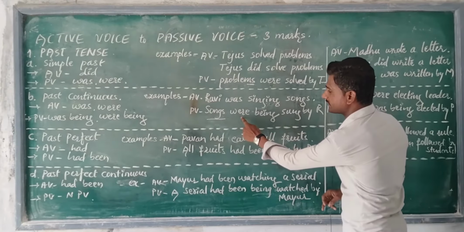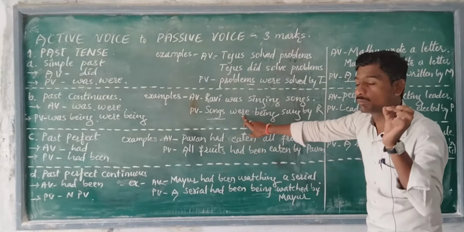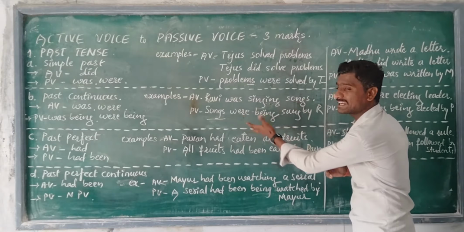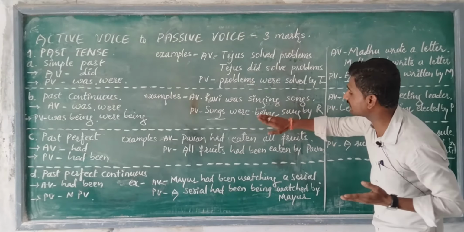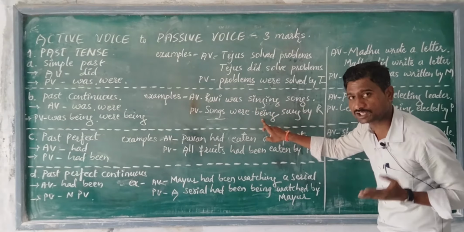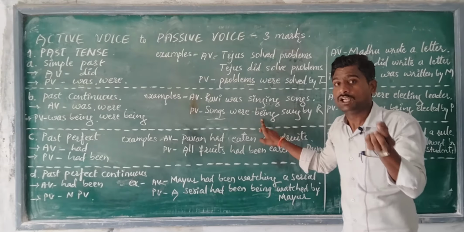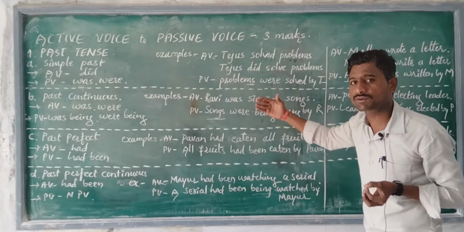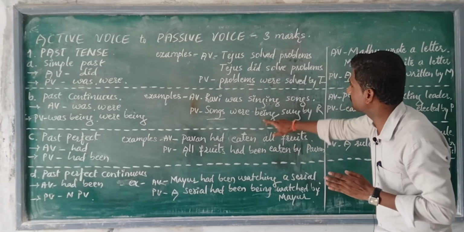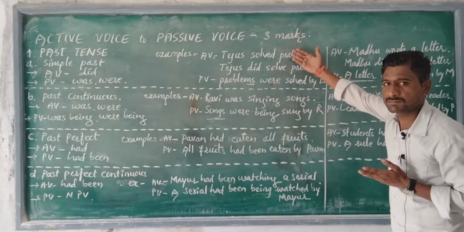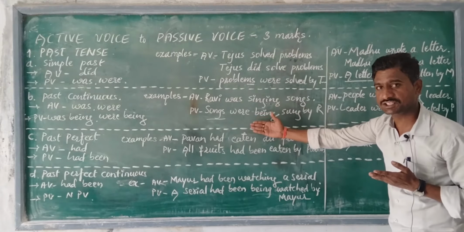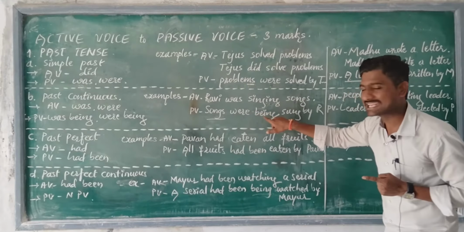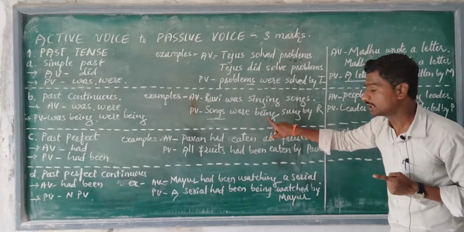Yes, my dear students, after the helping verb, if we write the verb 3 form of sing, that is sung, and if we write only the verb 3 form sung after the helping verb to complete the sentence, you will not know the difference between simple past passive voice and past continuous passive voice. So for that reason, the extra word that comes here is being.